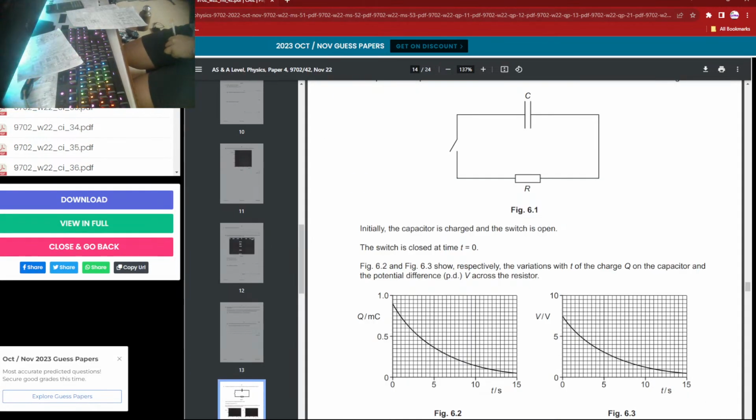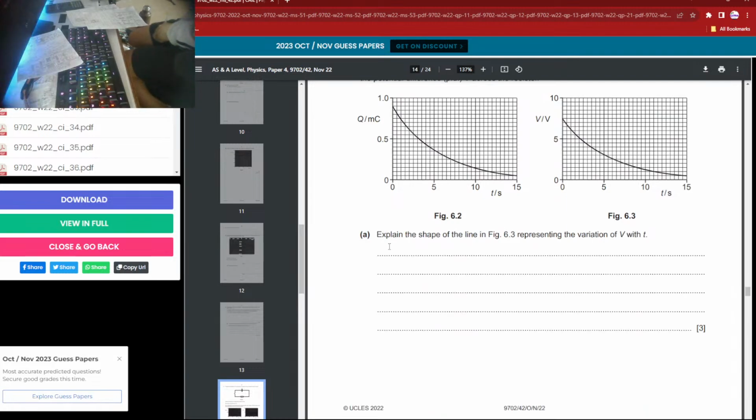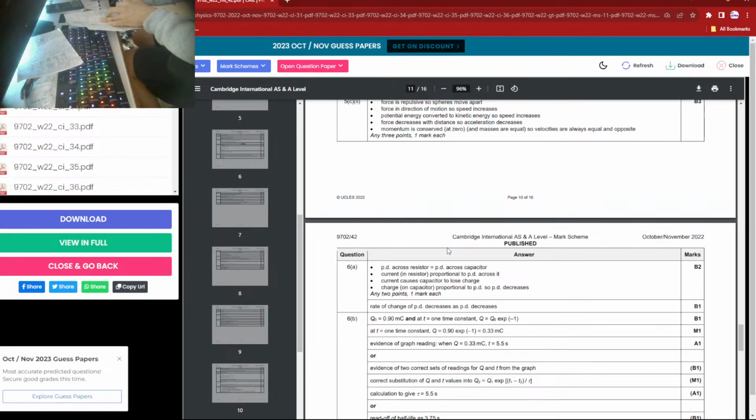Okay, so yeah, I saw this question. It's a bit like you get what it means, but you just really don't know how to answer it. Maybe that's just me, but I did get this one wrong. I just explained the graph actually. So first one is Q is proportional to potential difference.